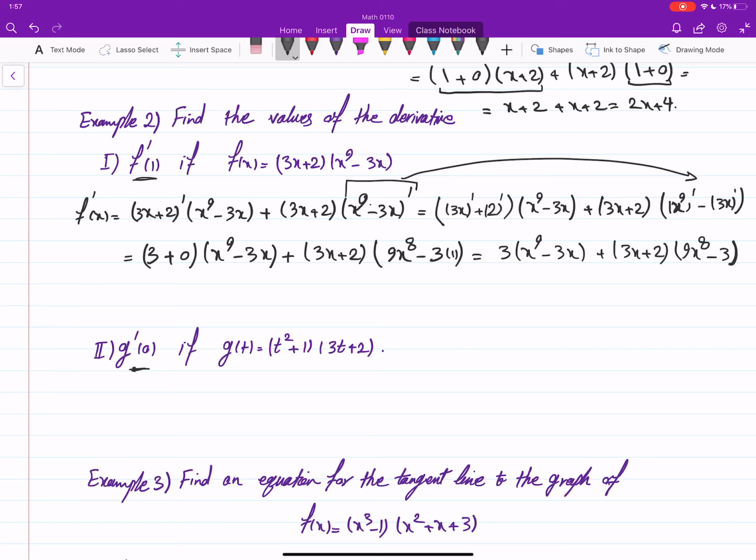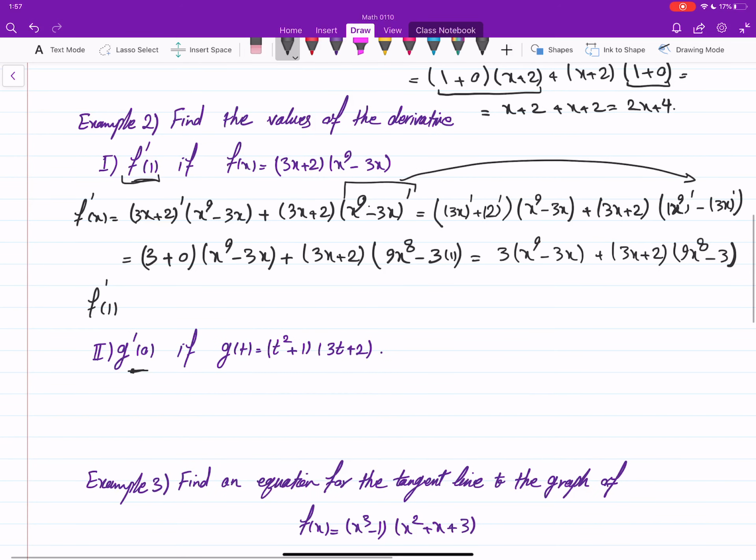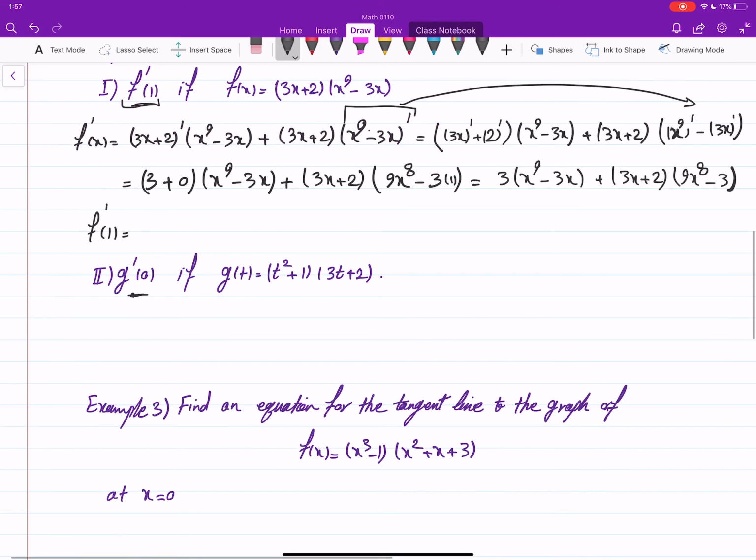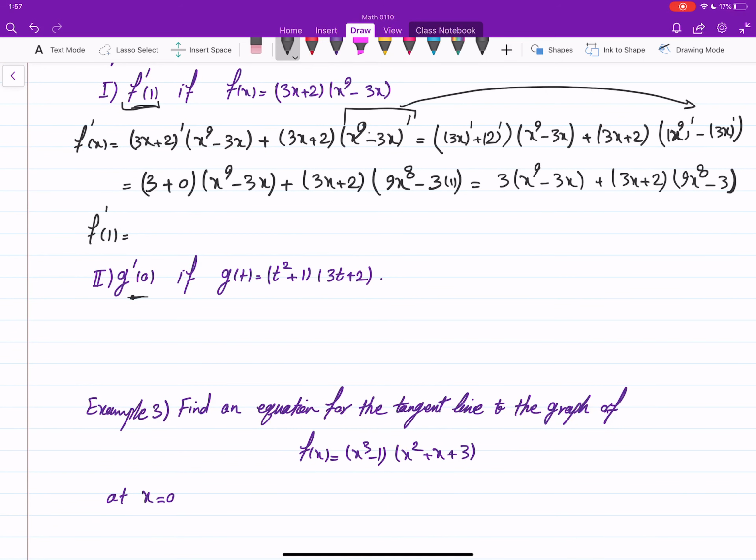We found the derivative, but the question asks for the value of the derivative at 1. So plug in 1 for x in your derivative: 3 times 1 to the power 9 minus 3 times 1, plus 3 times 1 plus 2 times 9 times 1 to the power 8 minus 3.